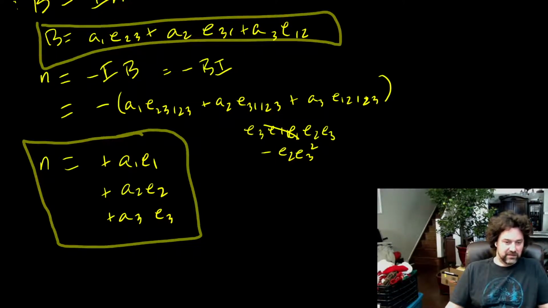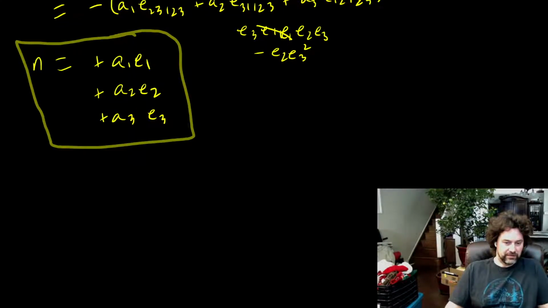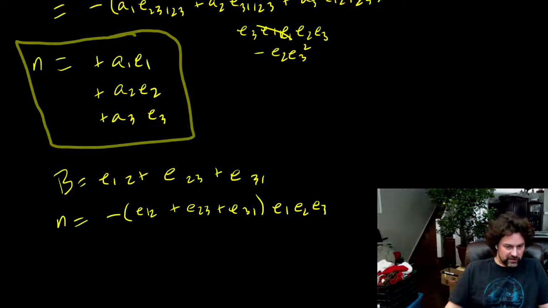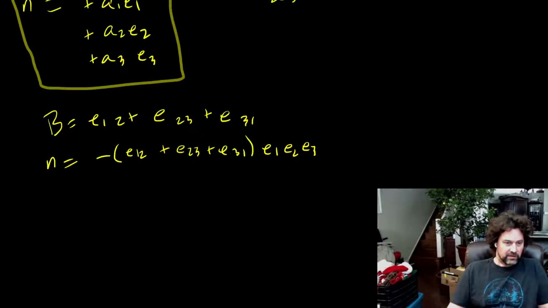So if we were to look at, so we had b equals e1,2 plus e2,3 plus e3,1. What is the normal to that? So that is minus e1,2 plus e2,3 plus e3,1 times e1 times e2 times e3. So e1,2 squared is minus 1 times e3.